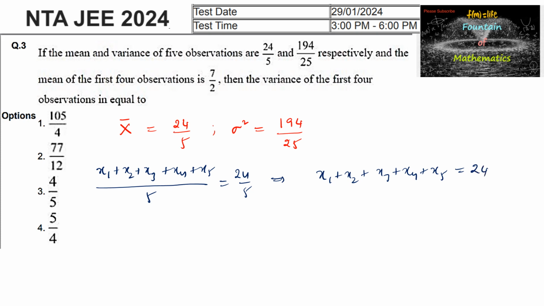which is equal to 24, and we want the sum of 4 observations upon the number of observations 4.